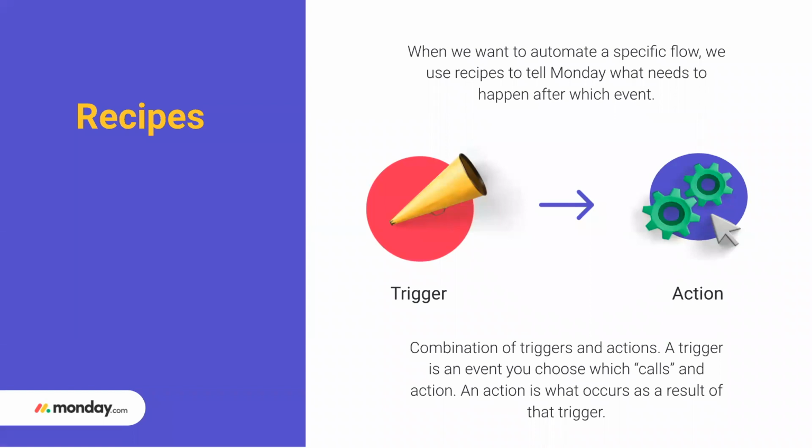For example, we can make a flow that sends an email to someone when that person is assigned to an item. Or we can change an item's group when a status column changes to something. A recipe would be a combination of a trigger or triggers and actions, where the trigger is an event which calls the action, and the action is whatever happens because the trigger happened first.